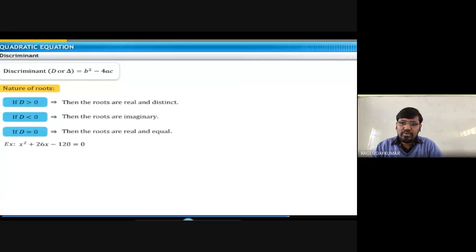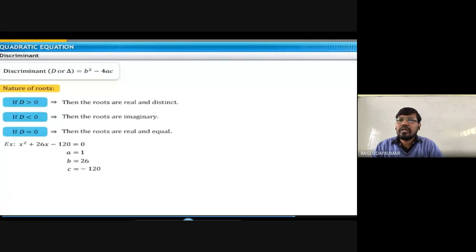So let us take one example, the same problem. x square plus 26x minus 120 is equal to 0. So here a is equal to 1, b is equal to 26, c is equal to minus 120.